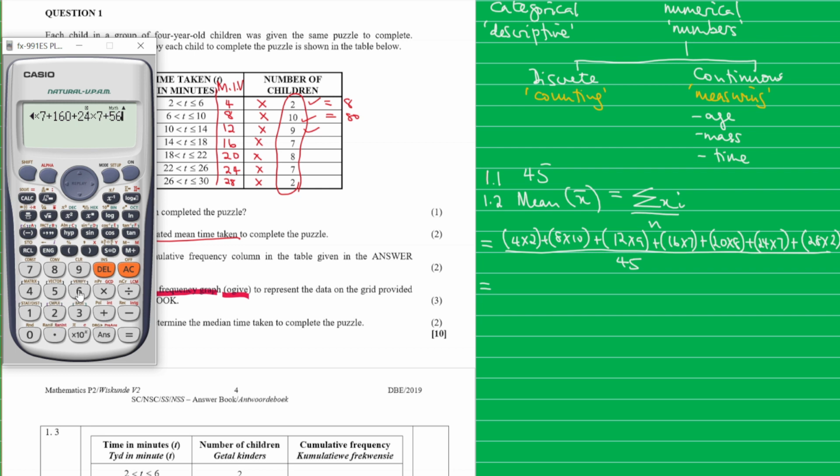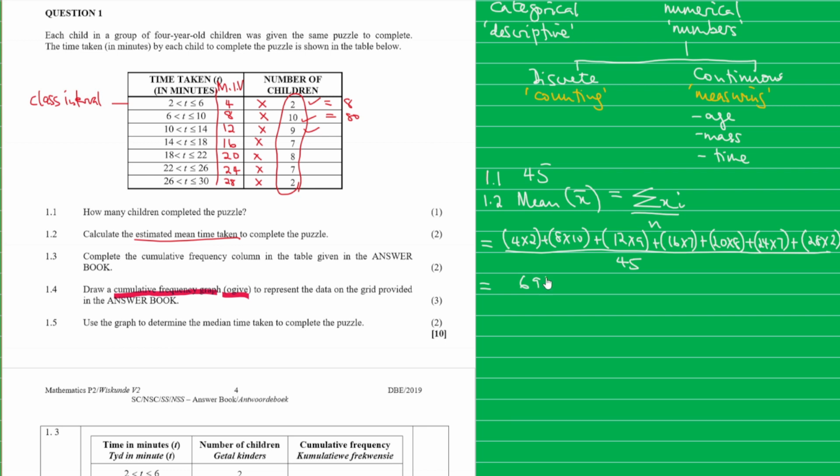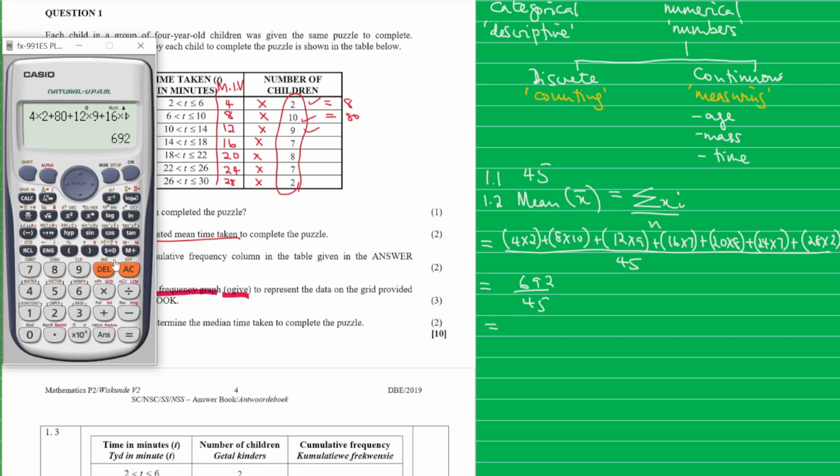So we just already say 56. What is the total? 692. So we get 692 over 45, and let's divide that answer by 45.